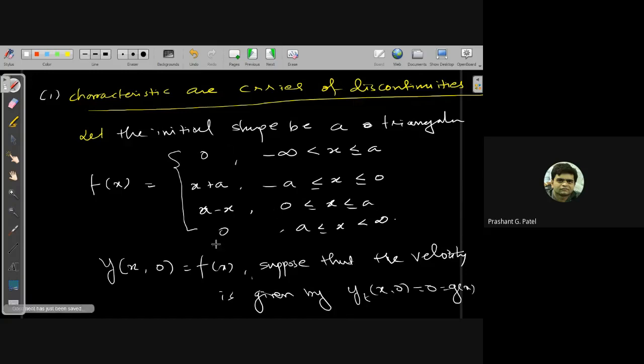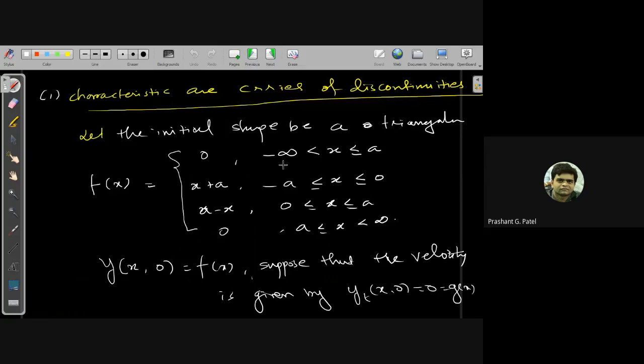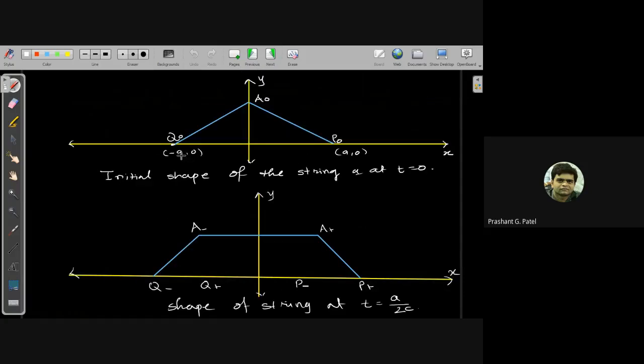And what will be the graph of this function? The graph looks like this; it is the initial shape of the string where t is 0. From minus infinity to minus a it is 0, from a to infinity it is 0, from minus a to 0 it is x plus a, and from 0 to a it is a minus x.